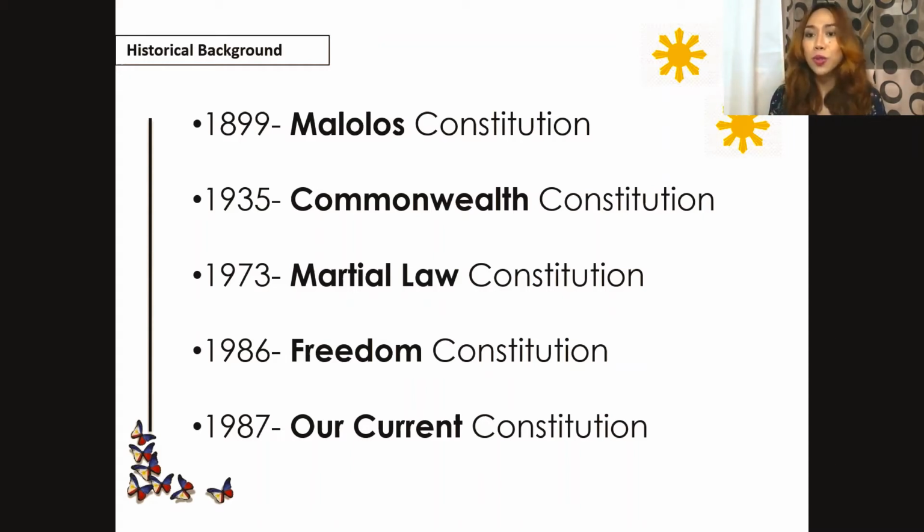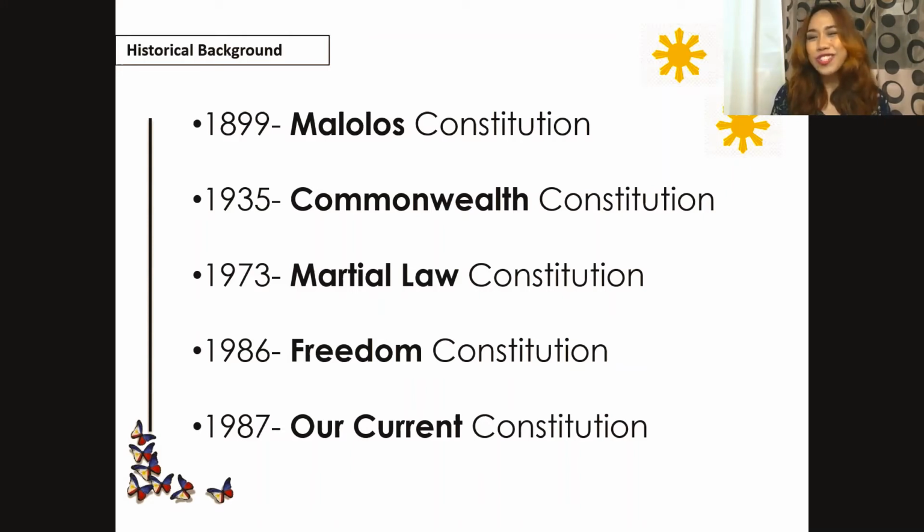The Commonwealth Constitution was also a way of reminding the US government of its promise to give independence, or to give freedom, to the Philippines. So eventually, on July 4, 1946, the US gave our freedom and we were finally recognized as an independent state.